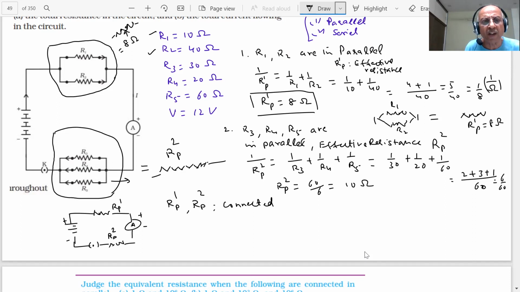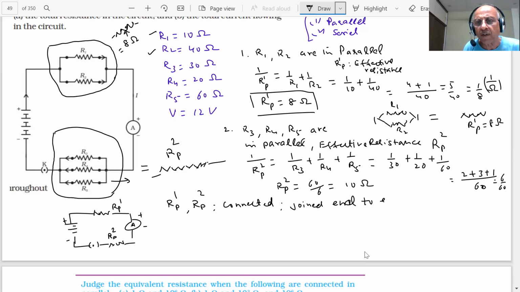RP1 and RP2, tell me. Are they in parallel or in series? Tell me now, how they are connected, students? Series or parallel? If I remove this, they are joined end to end.